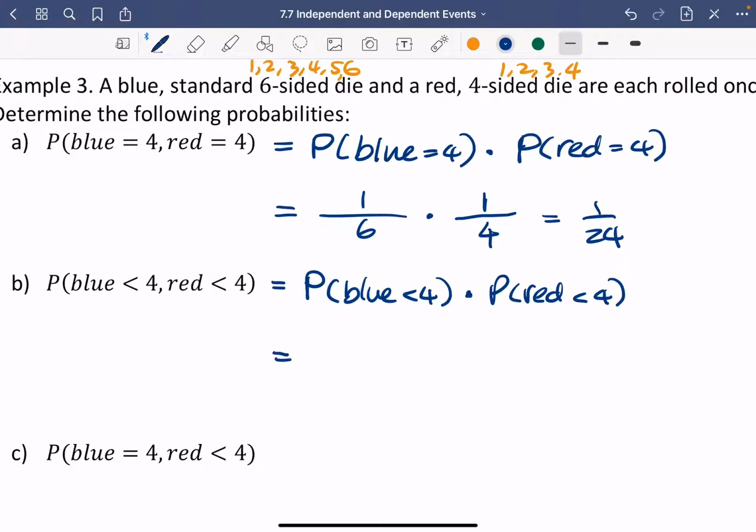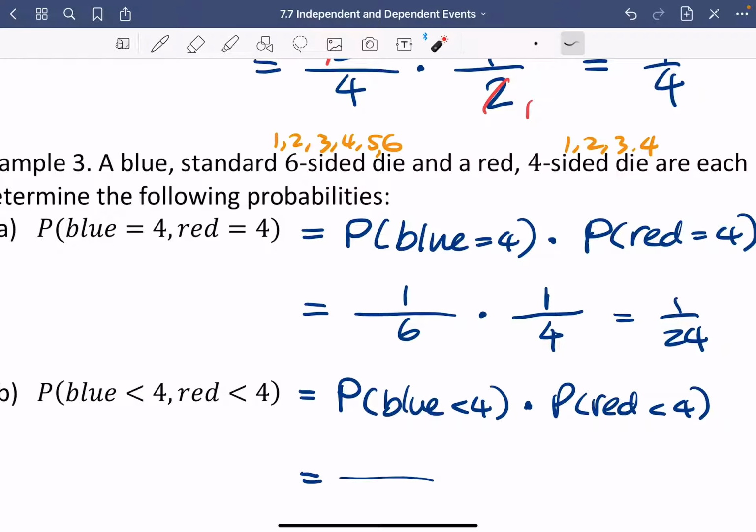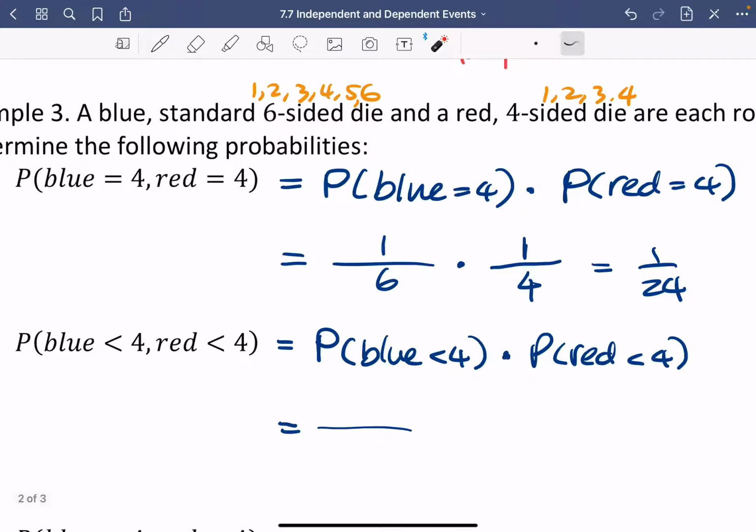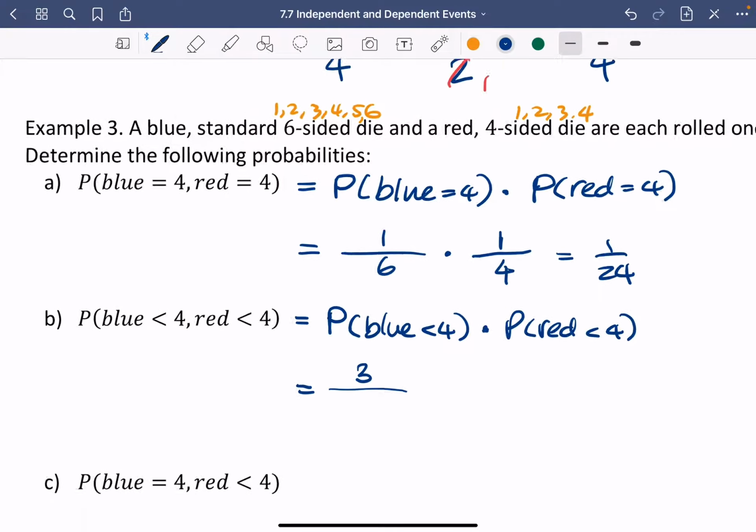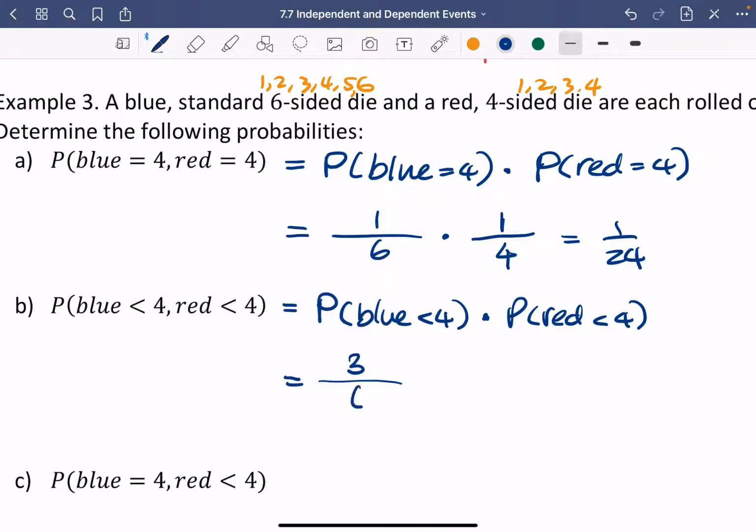What is the probability of a blue die less than 4? Well, less than 4, we have 1, 2, 3, 3 possible choices, right? We have 3 possible choices. And how many are there in total? 6 in total.